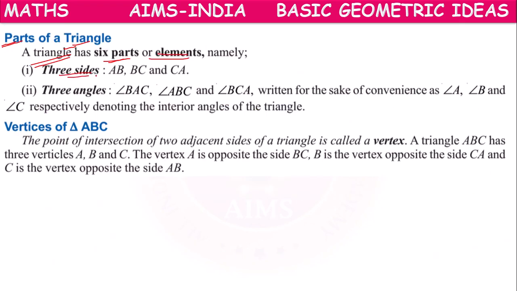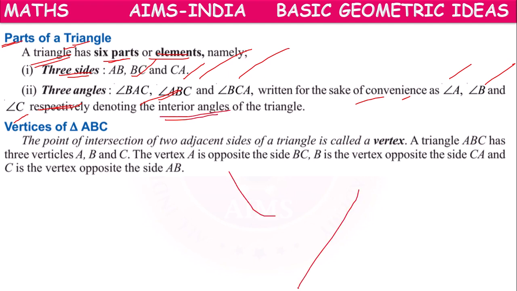We can name the angles as angle A, angle B, angle C for convenience, or angle BAC, angle ABC, angle BCA, which represent interior angles. They are present in the interior part of the triangle, so they are called interior angles.